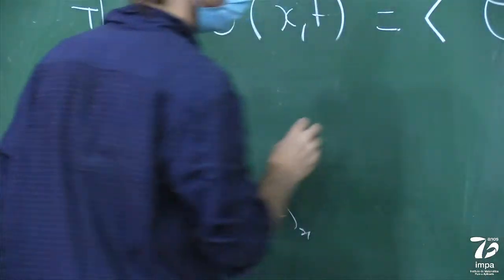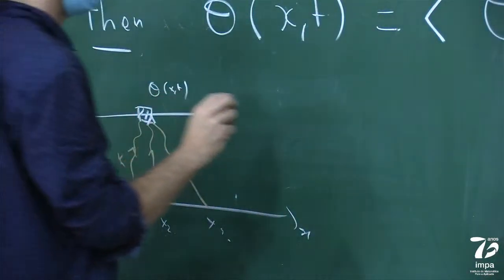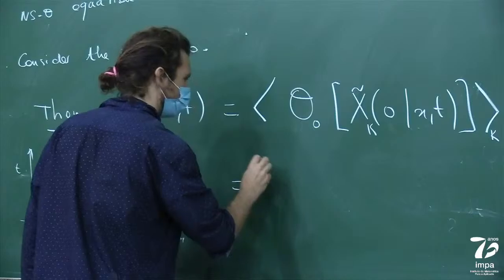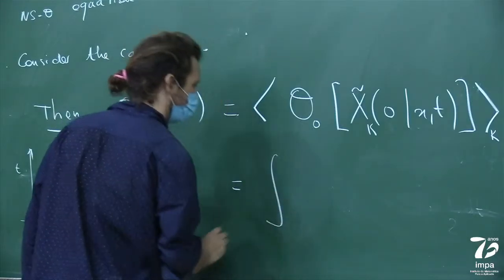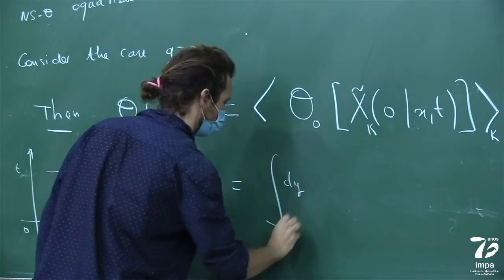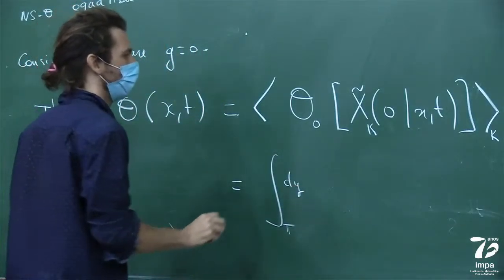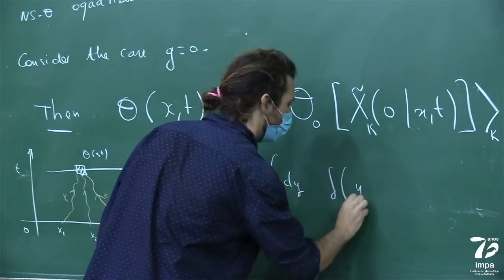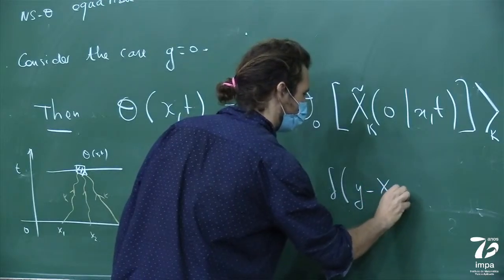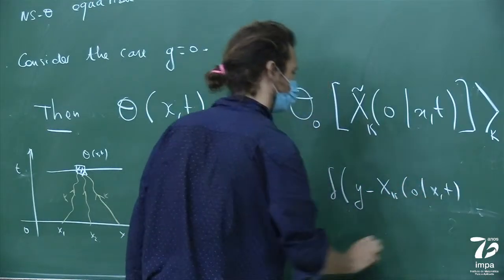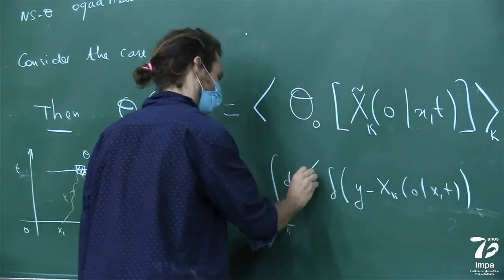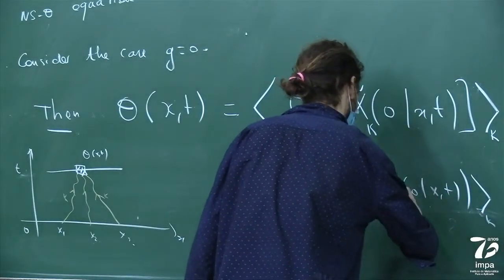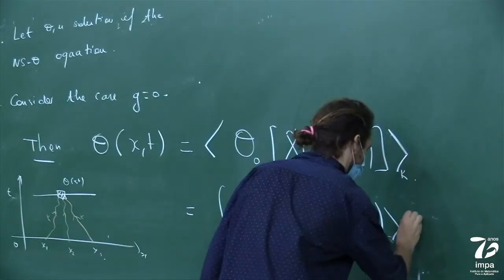In other words, formally, we can write it as the integral with respect to the position in space y of delta of y minus x tilde of 0, x t, averaged, times theta 0 of y.